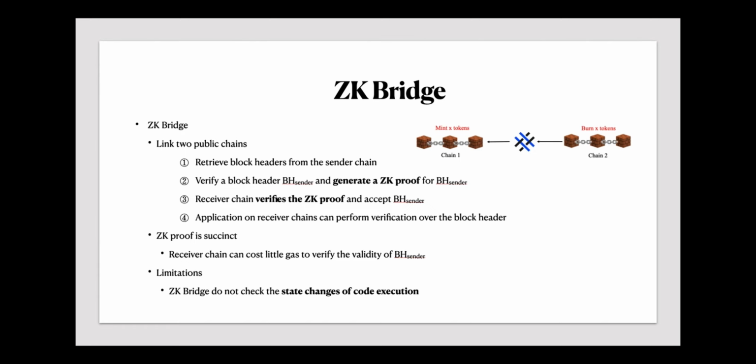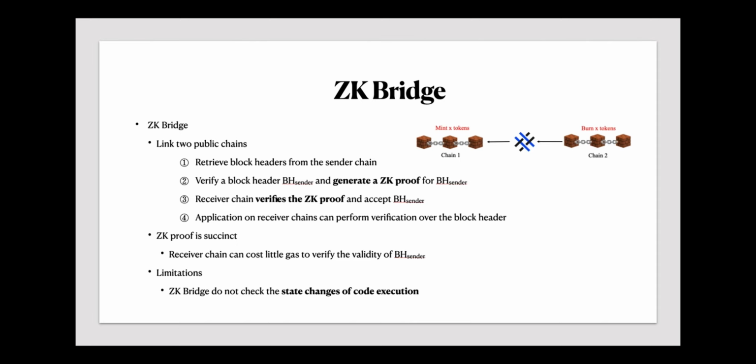Then the receiver chain C2 verifies the ZK proof and accepts the block header. The application receiving this on the receiver chain can then perform different types of verification over the block header, and then either mint some token or provide some liquidity on top of it.